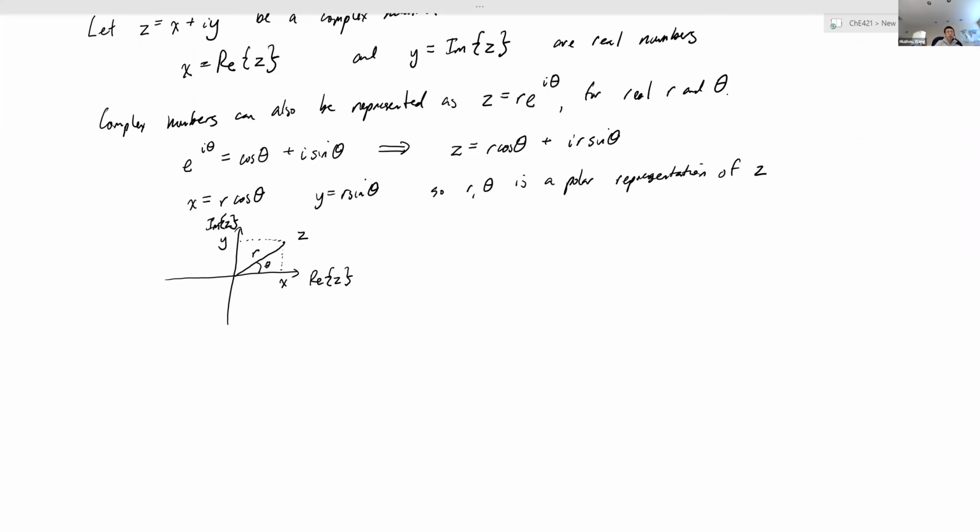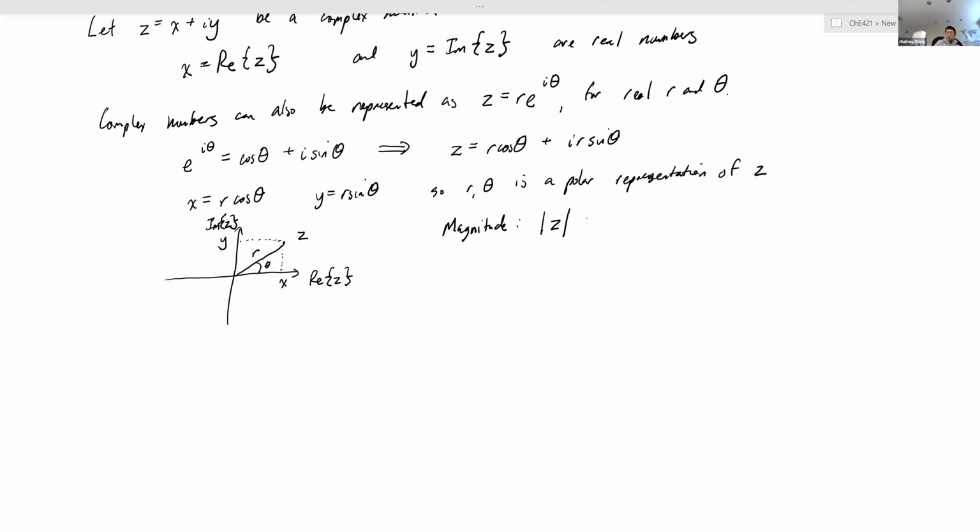There are a few other operations that we care about. For instance, the magnitude of a complex number. You typically write that like that. It's basically the same thing as an absolute value.